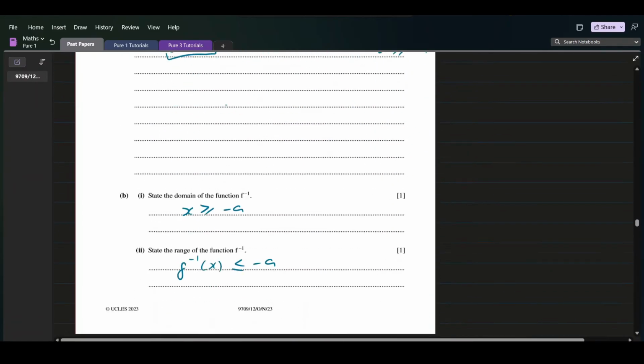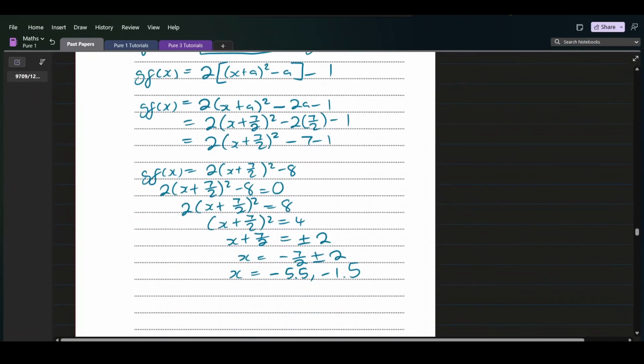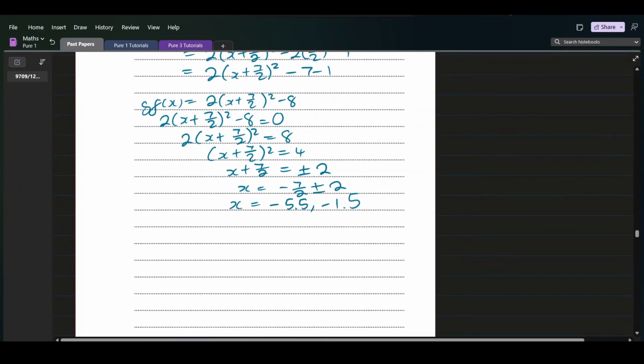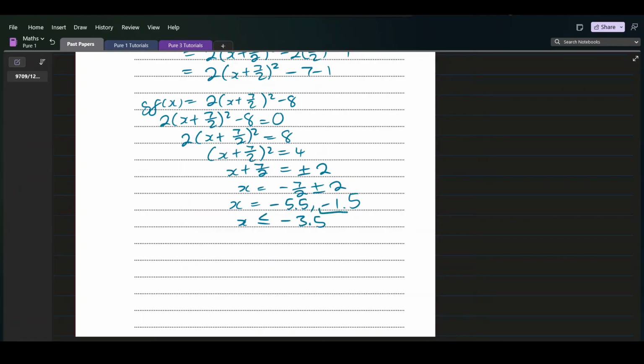Let's go back to our solutions. So we know that x should be less than or equal to negative 3.5. So that means we're going to disregard that solution and we're going to take x is negative 5.5, and that's our final answer.